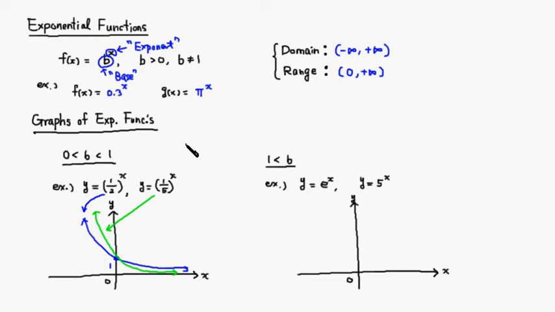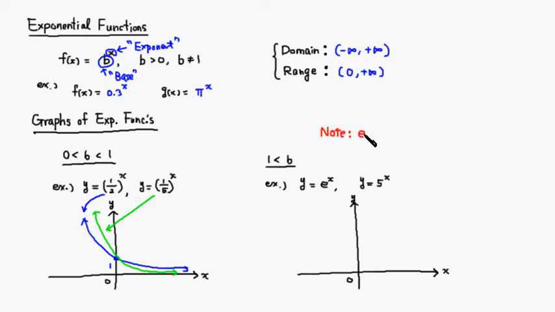Let's look at the second case, where the base is greater than 1. Here's an example where the base is e. Note that e is just a number, so don't be scared of that letter.